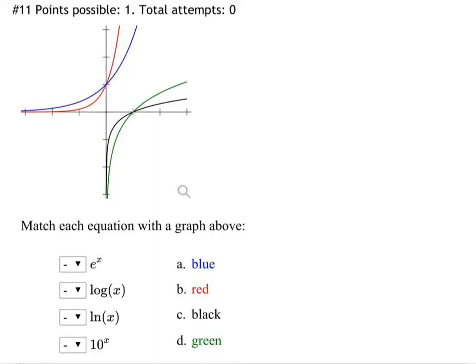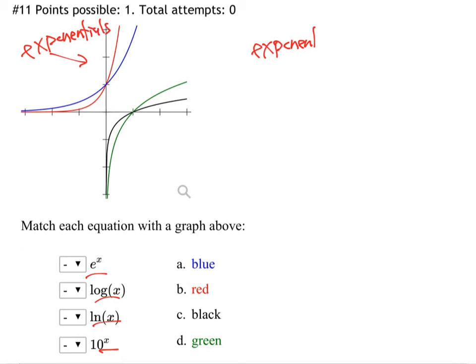Number 11, they want us to match each equation with a graph above. So how do we match the equations with the graphs above? Well, if you notice, 2 of them are logs and 2 of them are exponentials, where x is in the power zone. These 2 are the exponentials, aren't they?